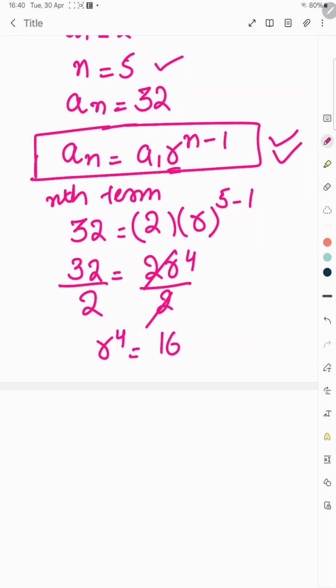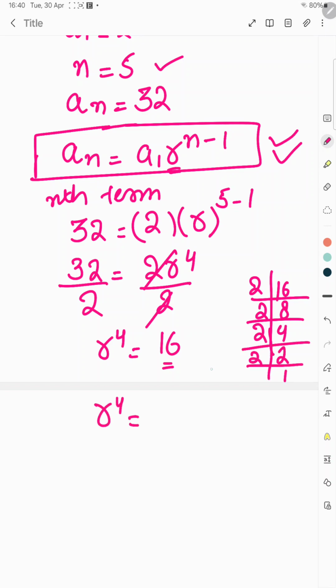Now what we will do here student, as I have to find the value of r, you have to just take the LCM of 16. 2 8s are 16, 2 4s are 8, 2 2s are 4, 2 1s are 2. Okay students, so here you can see that 2 occurs how many times? 1, 2, 3, 4. 2 occurs 4 times.